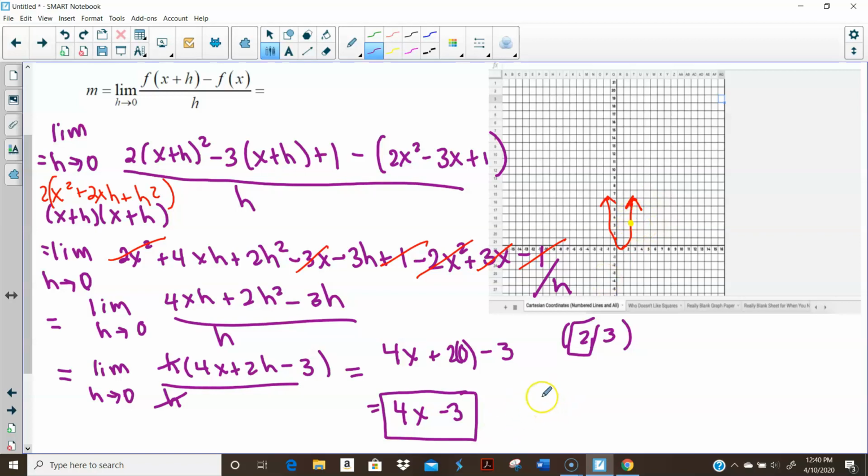So this will give me 4 times 2 subtract 3, and 8 subtract 3 is equal to 5. So the exact rate of change at this point is 5.